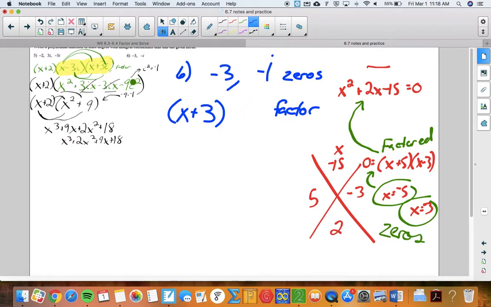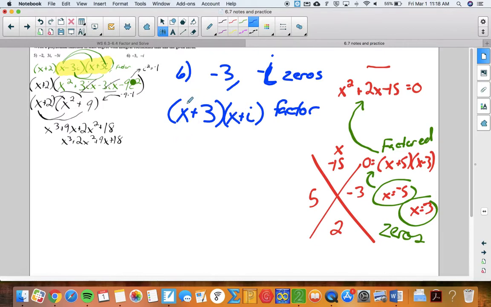And now this was an i, right? Yeah, -i. Doesn't look like an i to me. All right, so if -i is a 0, that comes from what? x plus i. Because -i plus i is 0.